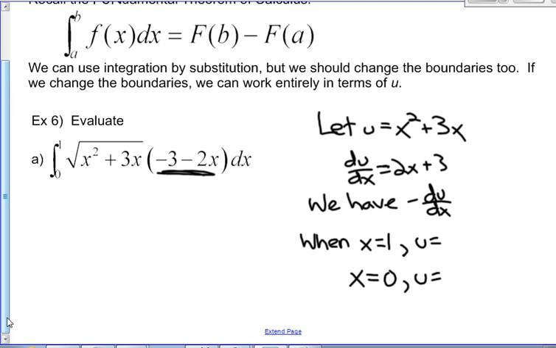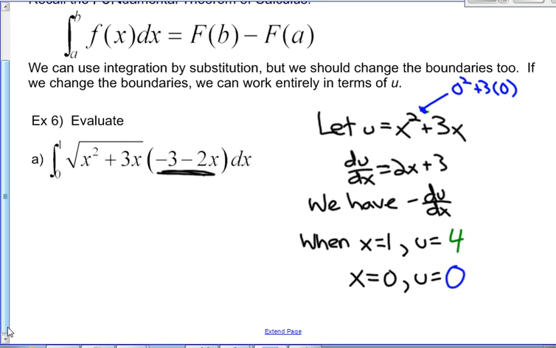If I plug the number 1 into this expression here, this is u, I would have 1 squared plus 3 times 1. When x is 1, u is 4. Let's do the same thing for the 0. So when x is 0, what is u? Well, it would be 0 squared plus 3 times 0, or 0.